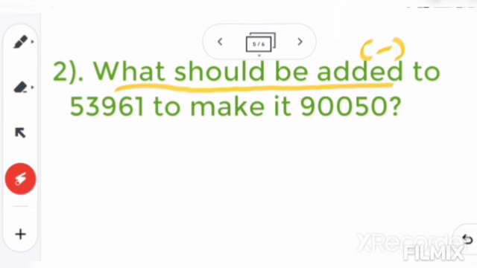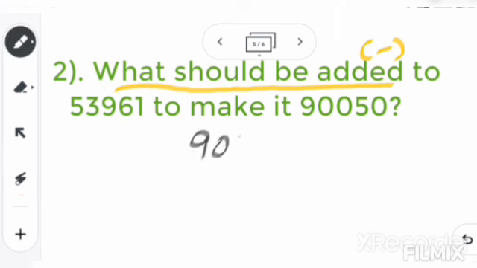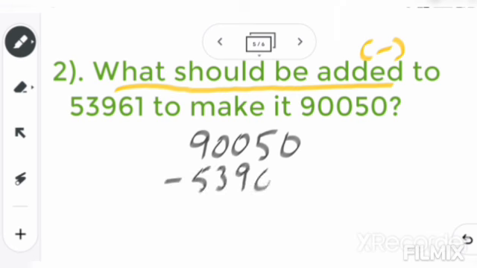So always in subtraction you write the big number first. So you will write 90,050 on the top, and down you will arrange the number 53,961. This is the small one. This number you will write down and you will subtract. Okay, you can do the calculation. I will not do it, I have just explained the sum.